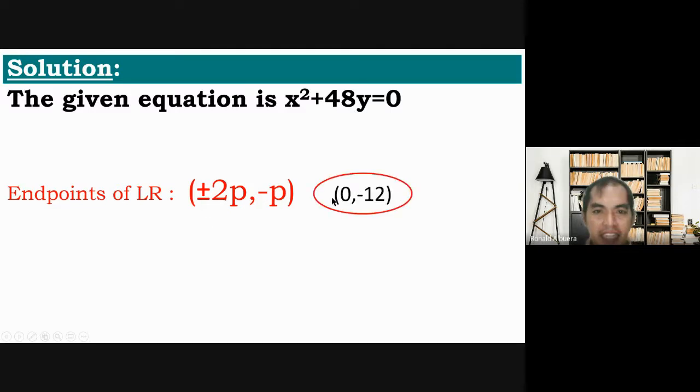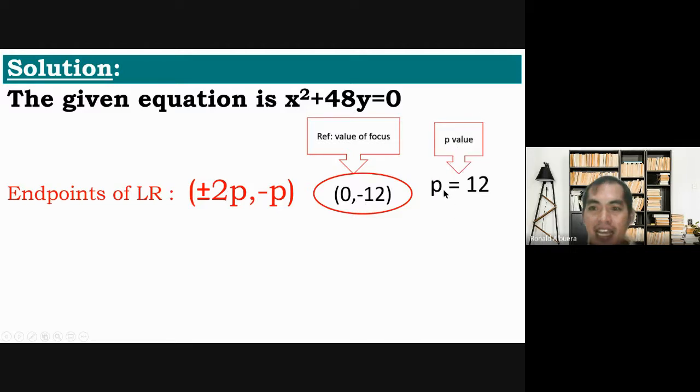The endpoint of the latus rectum is... 0, negative 12. This is the focus. Reference natin ng endpoint of the latus rectum is the value of the focus, which is 0, negative 12. Then the p-value, we have 12. So anong gagawin mo?